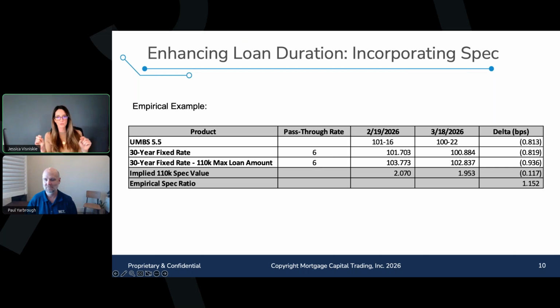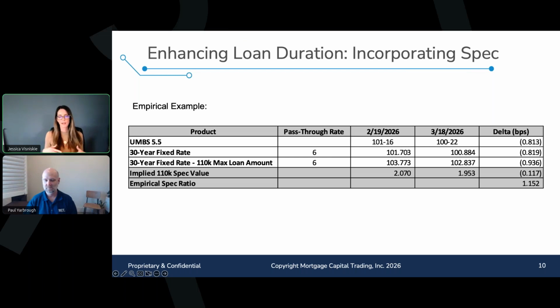The first row that is highlighted gray, we can compare that spec base price to the non-spec base price to derive what we call an implied spec value. You can see the differential between the TBA move and that 110K price move in terms of that spec pay up. It went from something like 2.07 to 1.95 in that time period. So it worsened about 11 basis points.